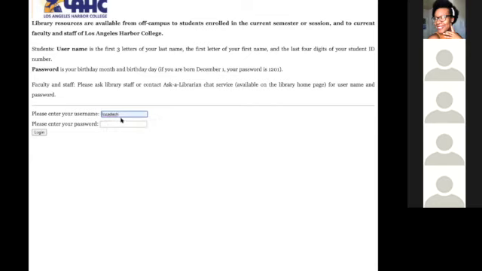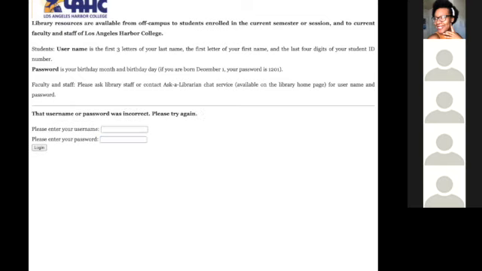Let me see if it'll let me sign in under this. Oh, I don't have an ID number, do I? Okay. Let's try that. Nope, that did not work for me.